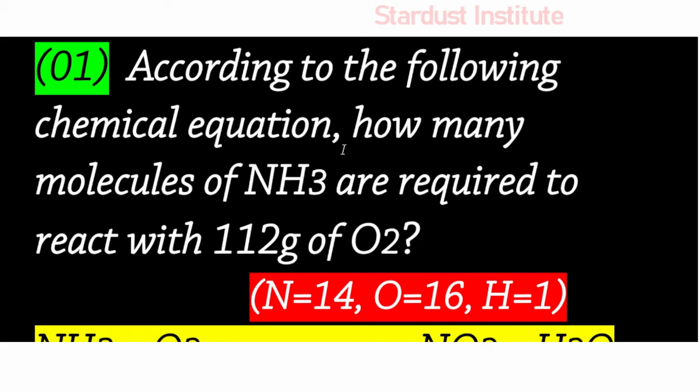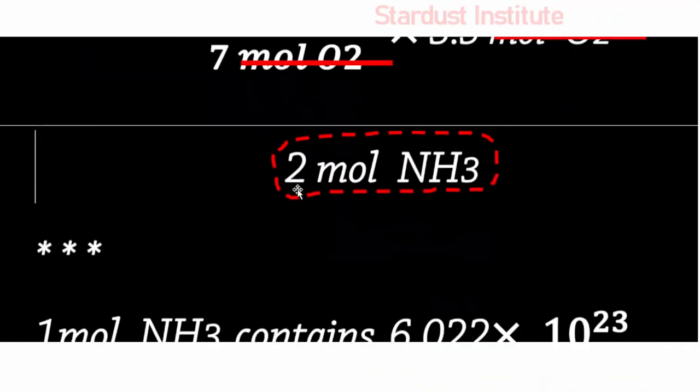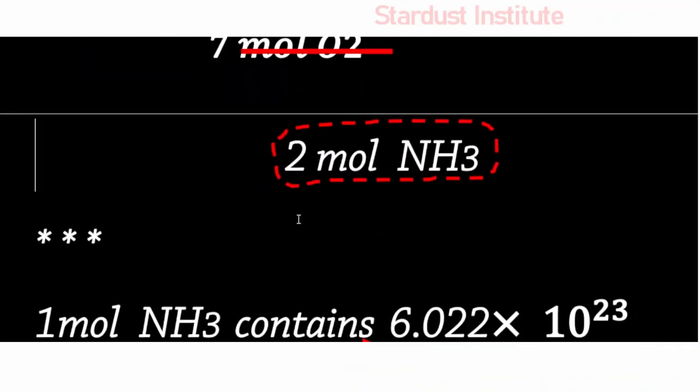But we have been asked how many molecules of ammonia are required. We have found moles of ammonia, but we have been asked how many molecules of ammonia are required to react with 112 grams of oxygen.